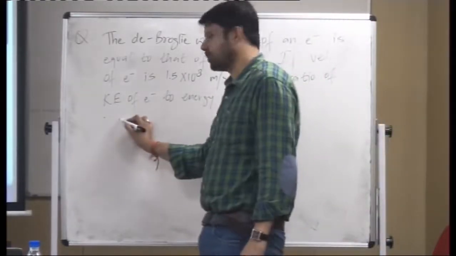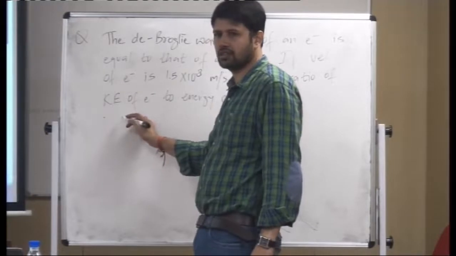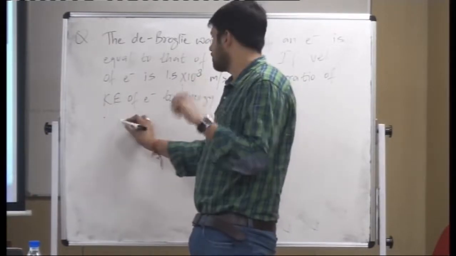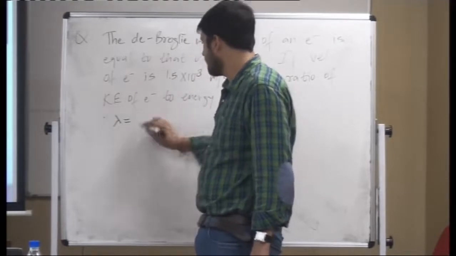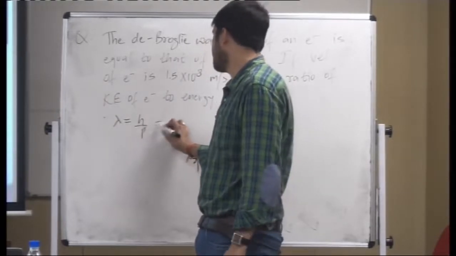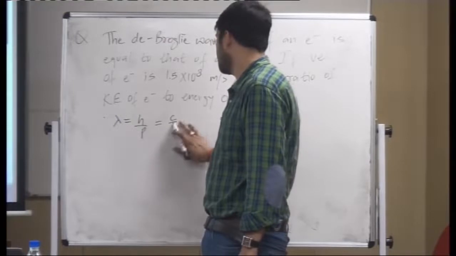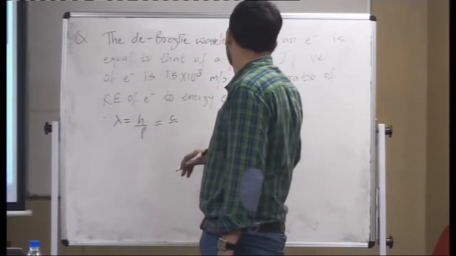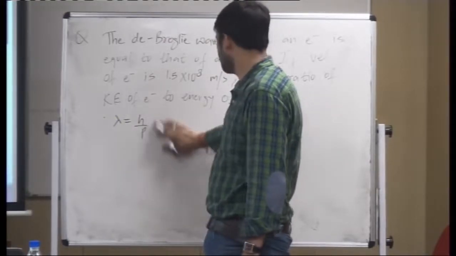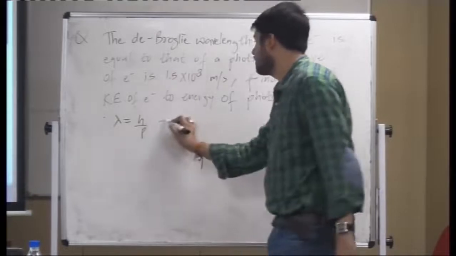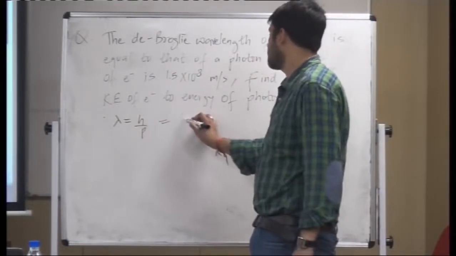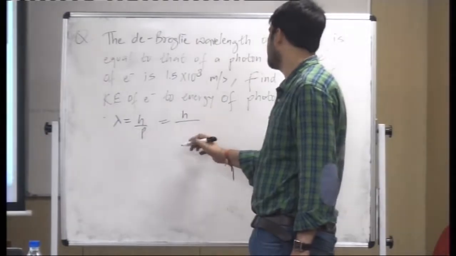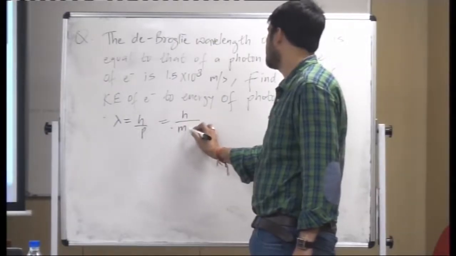The wavelength is equal, right? So for the electron it is h by p, while for the photon it is c by... okay, it's fine. So this is h by mv.